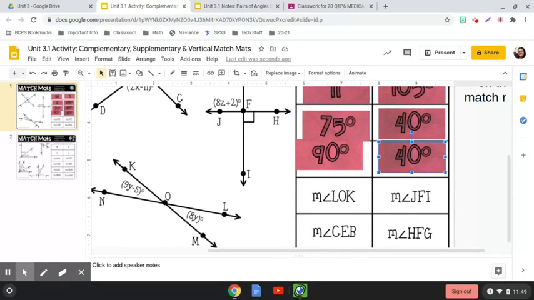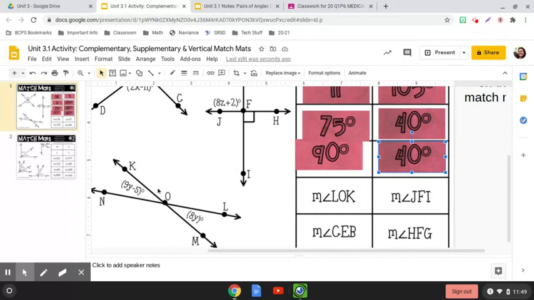All right, for our next trick, we are looking for the measure of LOK. Well, here we have LOK. We see that it has a vertical angle, but we don't know the measure of it.